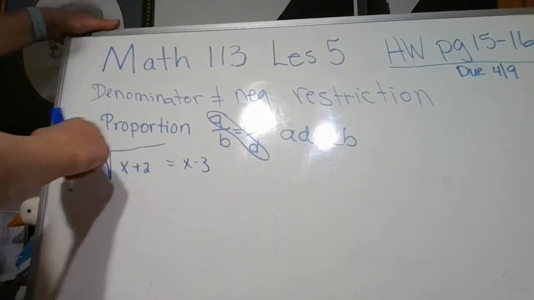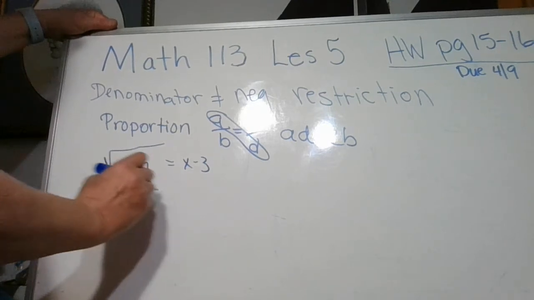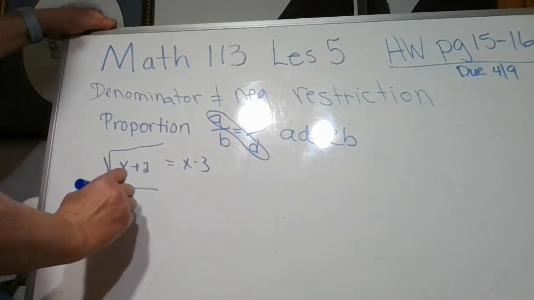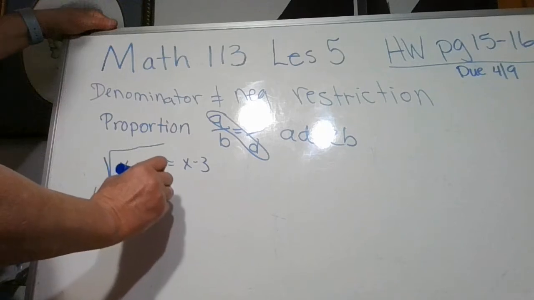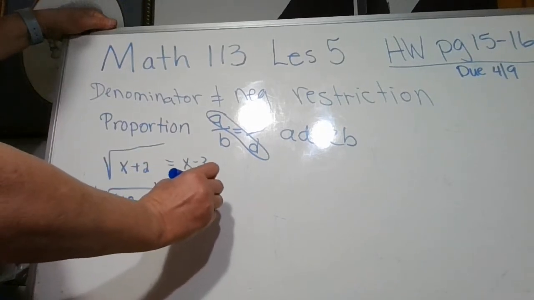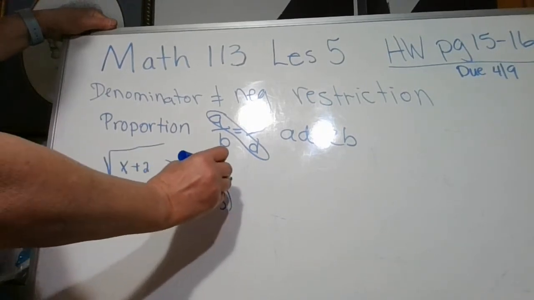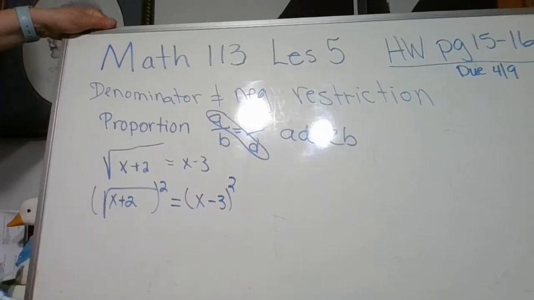Now remember, to get rid of that radical sign, we have to square it. And if we square this side, what do we have to do to this side? You're exactly right. We have to square it. We have to be fair.